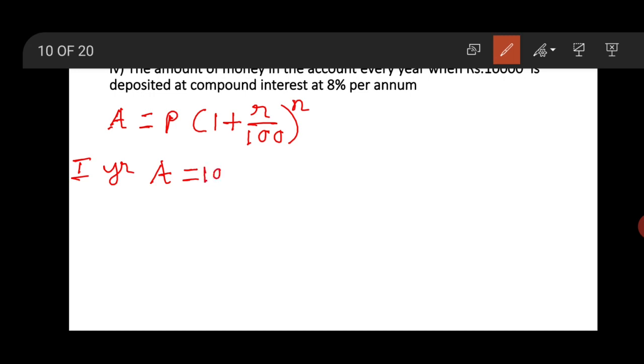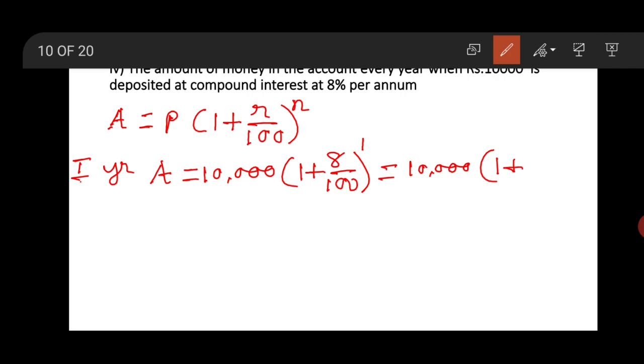P is equal to 10,000, it is given in the problem, into 1 plus R, which is 8%, so 8 divided by 100. Number of years for the first year is 1. So the answer is 10,000 into 1 plus, if you want to simplify, you can, 2 divided by 25.